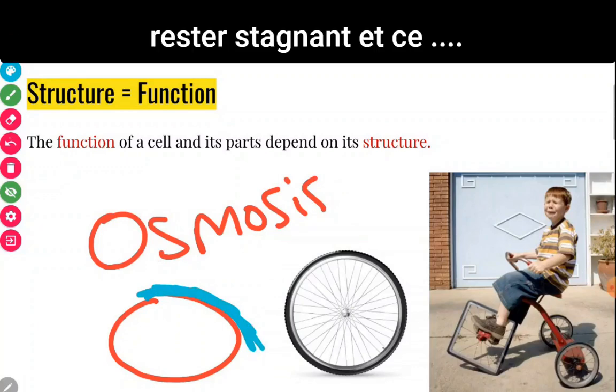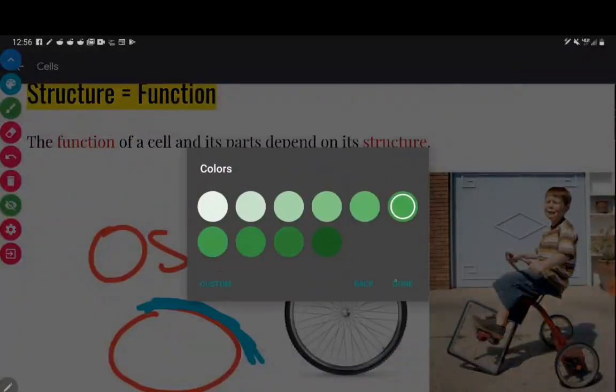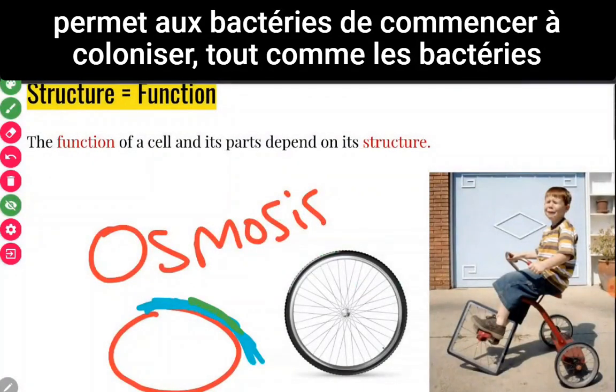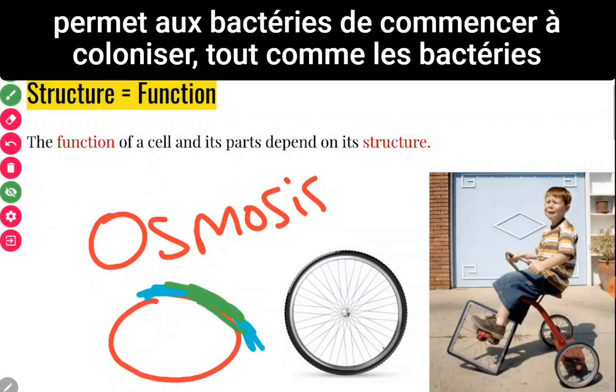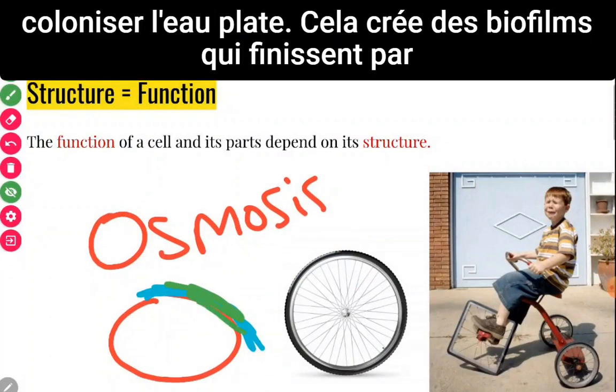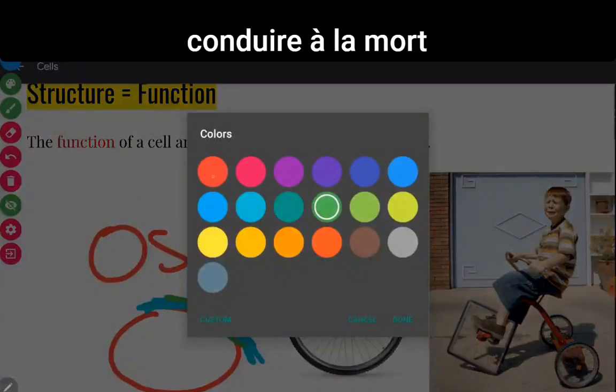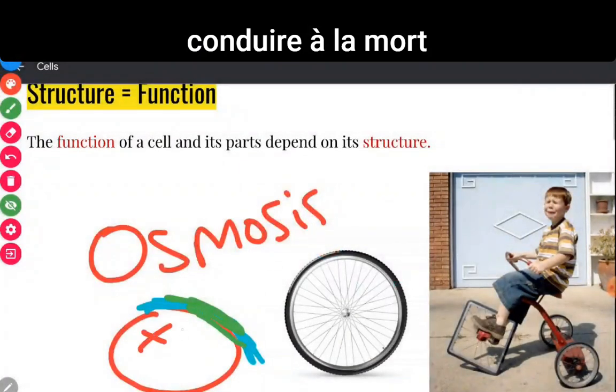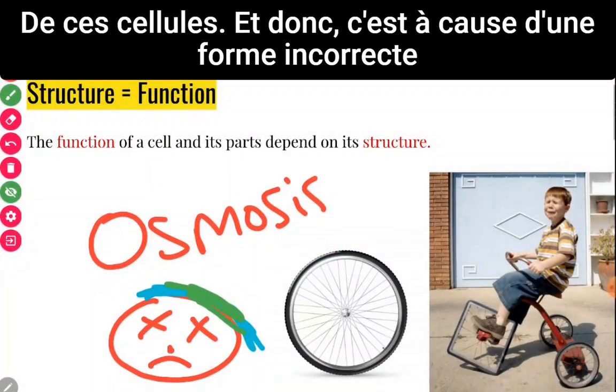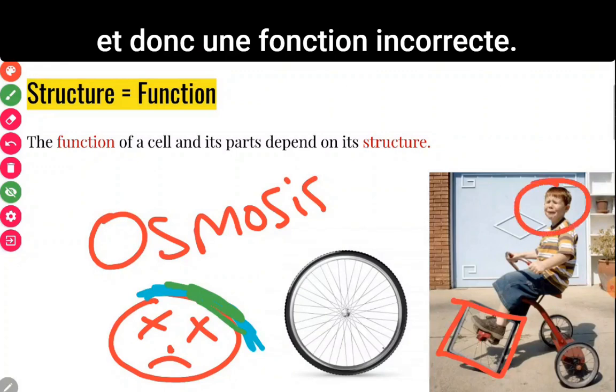And this, as a chain reaction, allows bacteria to start colonizing, just like how bacteria colonize still water. This creates biofilms that eventually lead to the death of those cells. And so this is because of an improper shape and therefore an improper function.